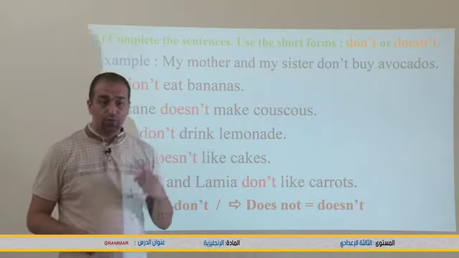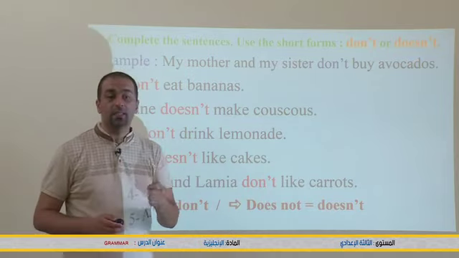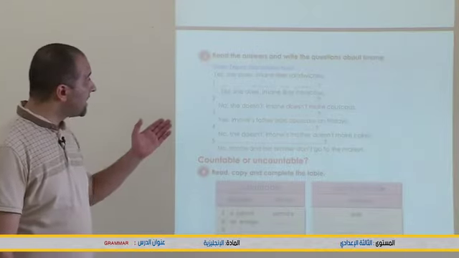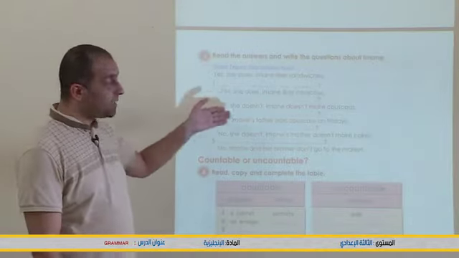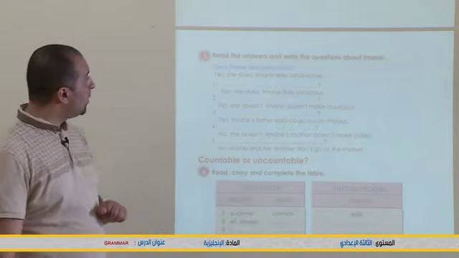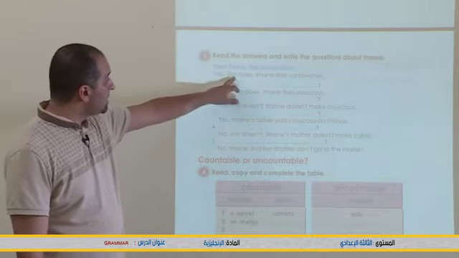Now we move to exercise 3, which is about asking questions. That is the interrogative form. Let's read these answers, and according to these answers we are going to ask the questions. So one example which is given to us, yes, she does.